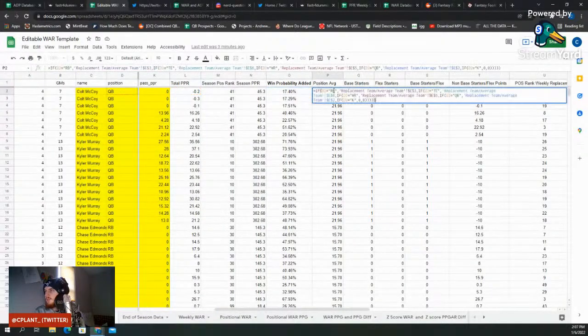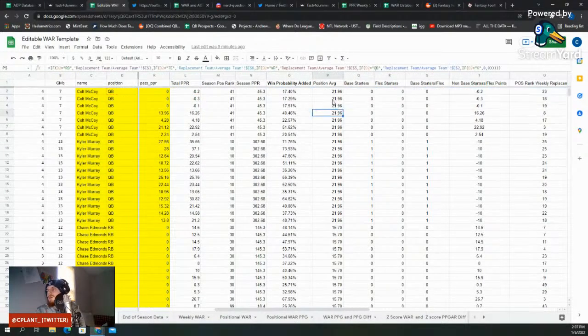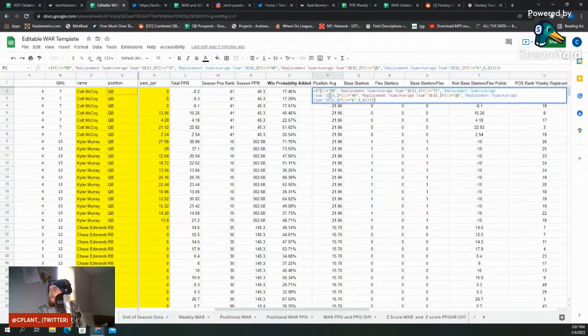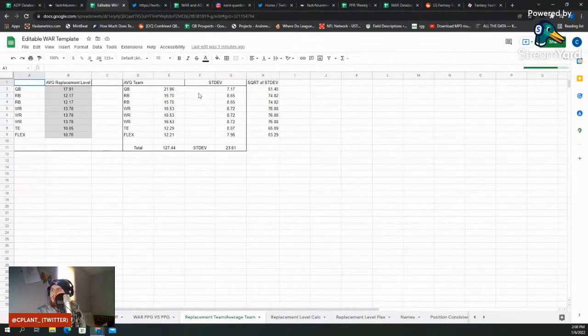it takes the position average for that player. I'm pretty sure it's the position average of the starter. I can check that really quickly. So let's look at quarterbacks. Okay.